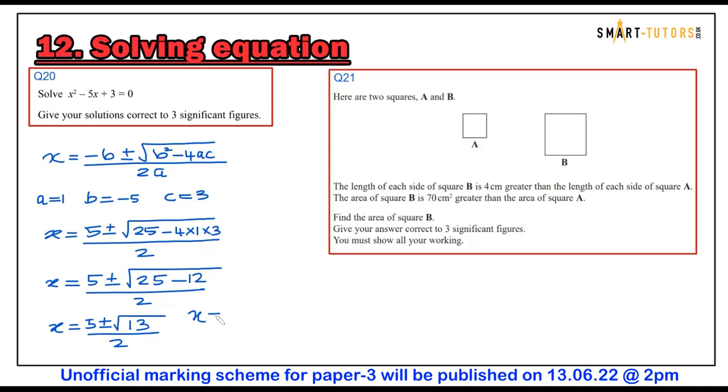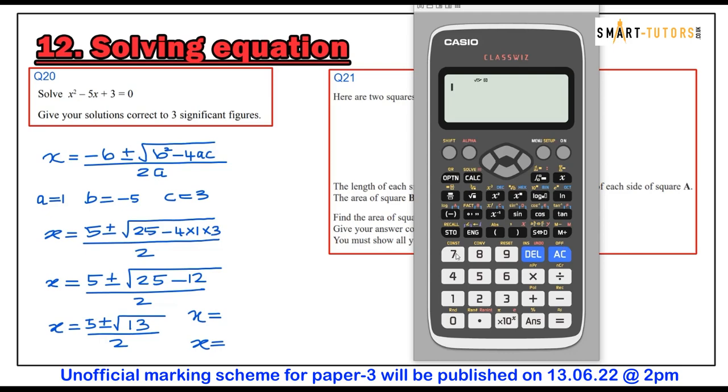You can write the answer to 3 significant figures using a calculator. So let's use the calculator. Use the fraction button: 5 plus square root of 13, over 2, and the answer, press the S-D button, is 4.30.